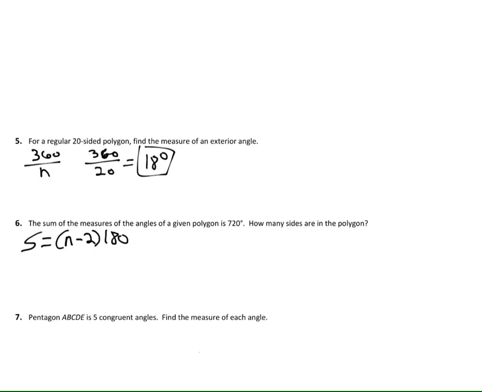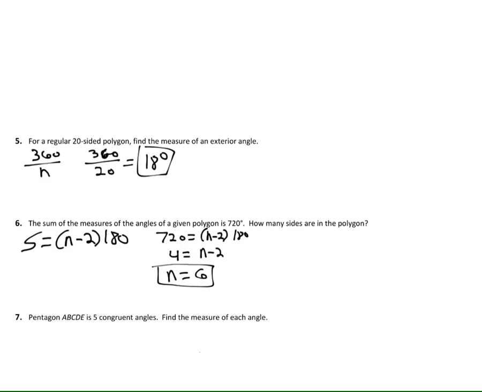So I'm going to plug 720 in and I'm going to solve for N. So 720 is equal to the number of sides minus 2 multiplied by 180. So all I have to do is work my math here and solve. So I'm going to divide by 180. So 720 divided by 180 is going to equal 4. And then all I have to do is add 2 on both sides. So N is going to be equal to 6.